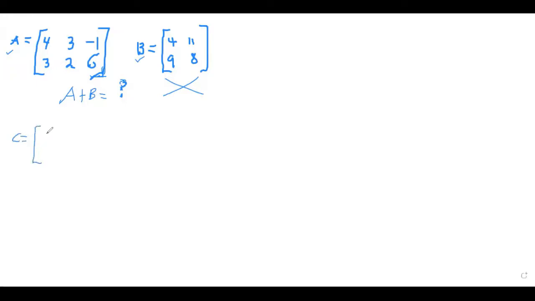But when you have something like this, let's say matrix C, which is 4, 11, 9, 8, and matrix D, which is 0, 2, 1, 9. Can we add this or not?